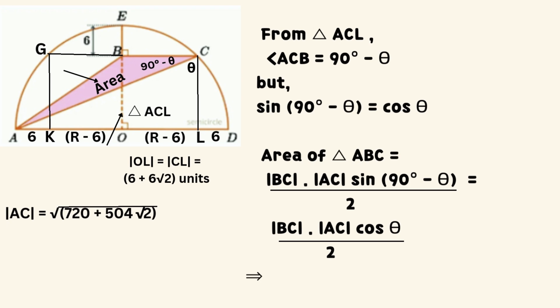Hence, the area of triangle ABC equals half the product of line BC and line AC times sine of 90 degrees minus theta, which equals half the product of line BC and line AC times cosine theta.